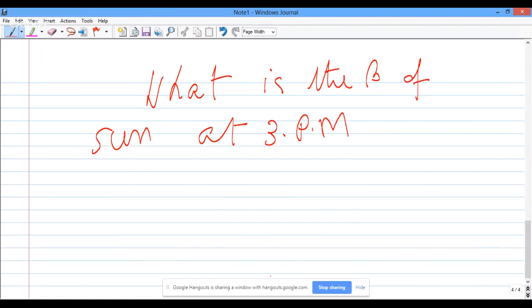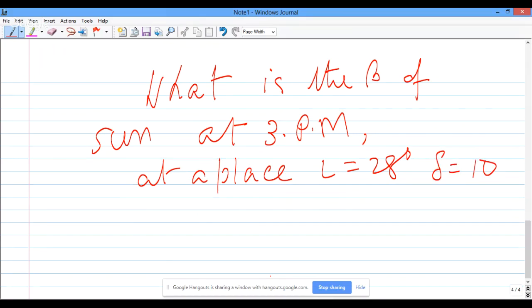The latitude we calculated for was 28 degrees. So at 3 p.m., at a place with L equal to 28 degrees north, and the declination angle is already given, delta equals 10 degrees.